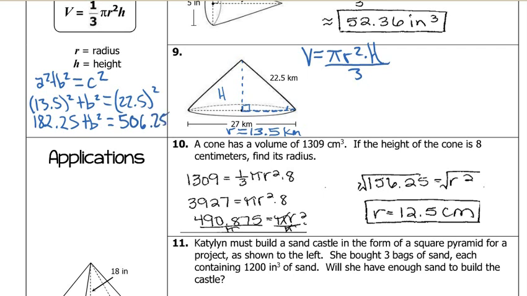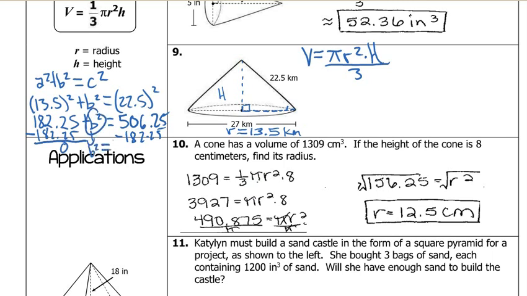Now I gotta subtract 182.25 to both sides. Cancels out. Bring down my b squared.